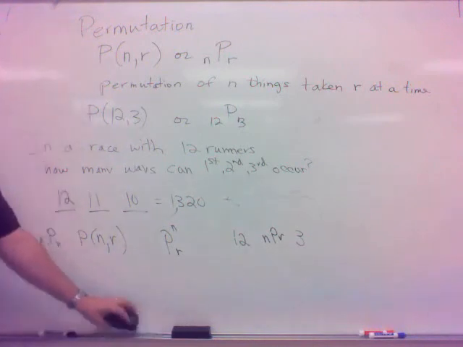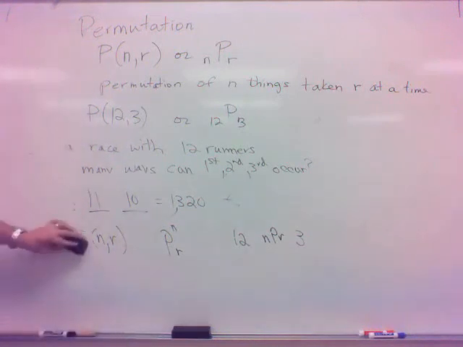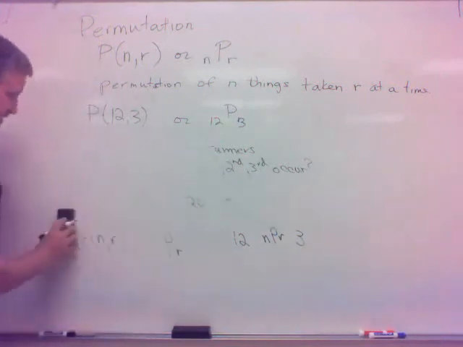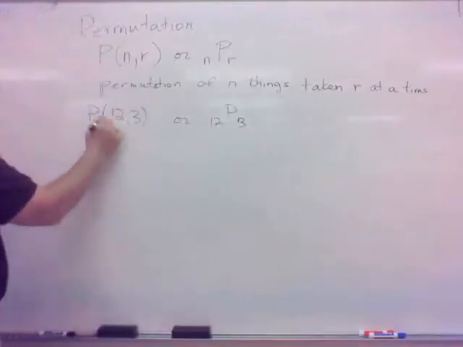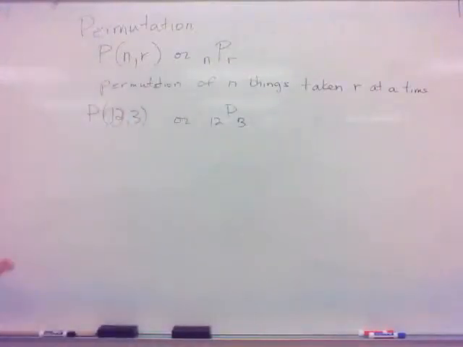But you can even start with 11, and that'll still work. If you did 11, 10, and 9. The first number depends on how many things you have. If there were just 11 runners, I'd do 11P3. Just depends on how many of them there are at a time.